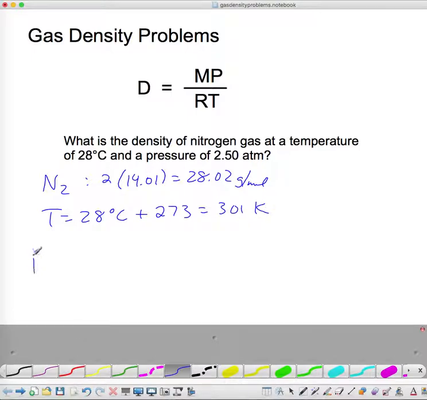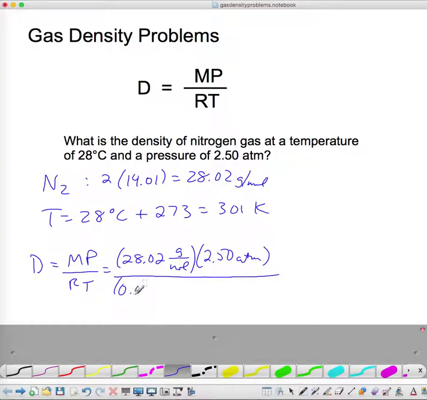simply plug in. Density equals molar mass times pressure over RT: 28.02 grams per mole, 2.50 atmospheres, over 0.08206 liter atmospheres per mole Kelvin, times our temperature of 301 Kelvin.